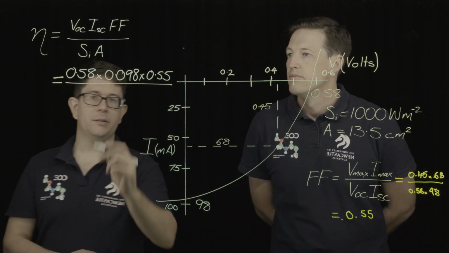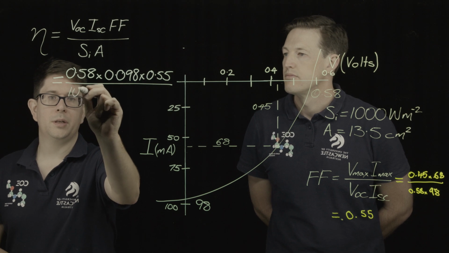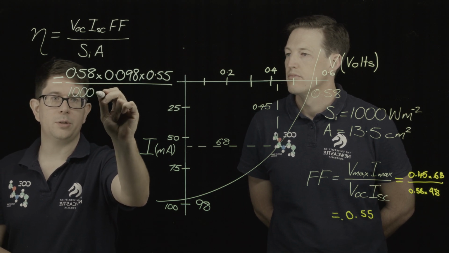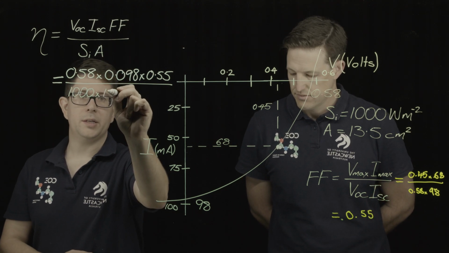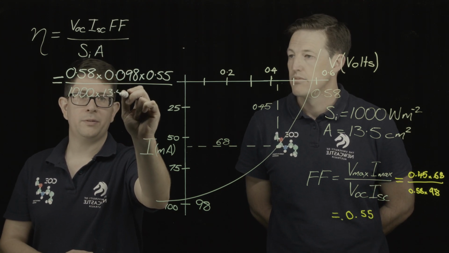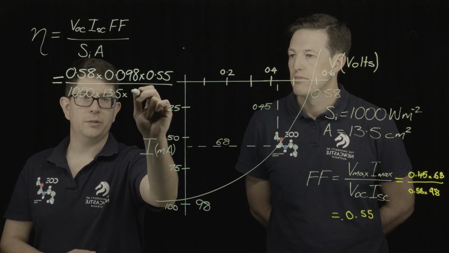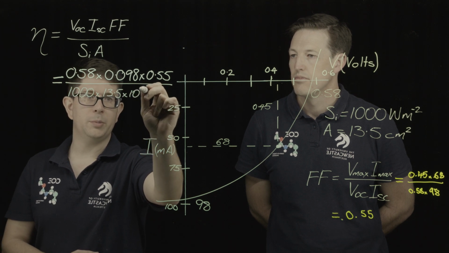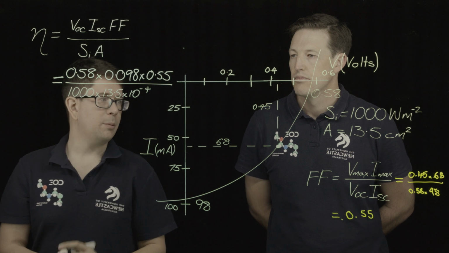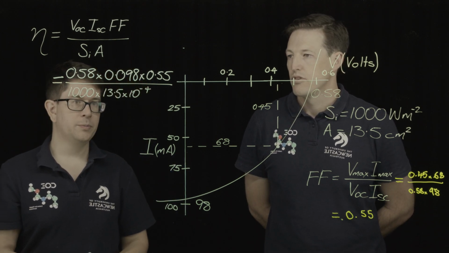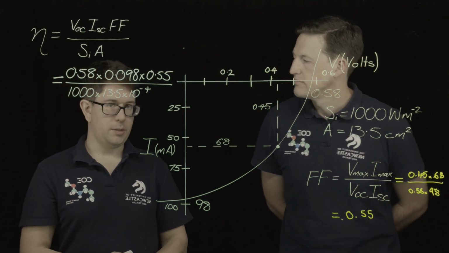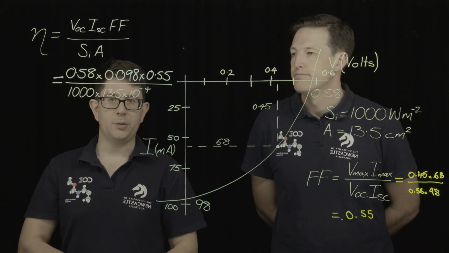And then underneath, I'm going to use my 1000 as my solar intensity. And I'm going to use my area as 13.5. I'm going to use a little extra conversion factor to convert between centimetres squared and metres squared. So 10 to the power of -4. So that'll get us into the metres squared for the area of our solar cell.